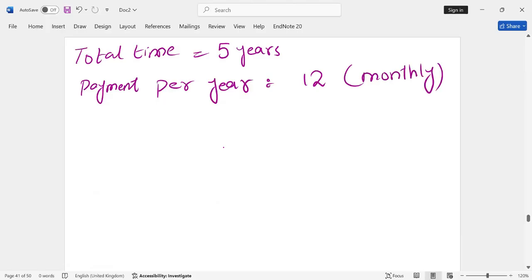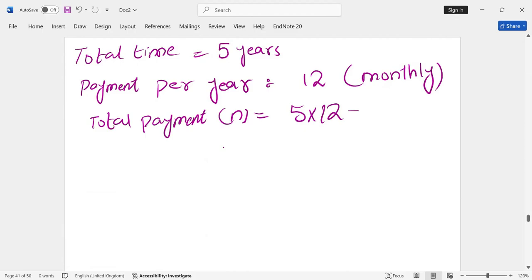Okay, and the total number of payments, that is n, equals 5 multiplied by 12 equals 60.